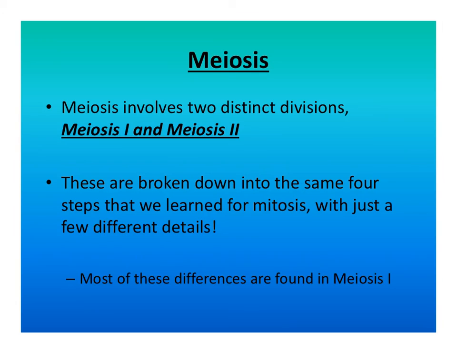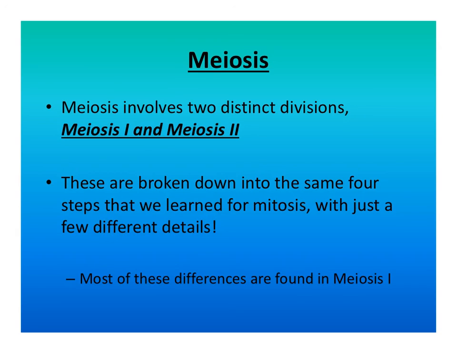Now, meiosis involves two distinct division stages, meiosis 1 and meiosis 2. Now, each of these, meiosis 1 and meiosis 2, is broken into the same 4 steps that we learned in mitosis. There are just a couple of slight tweaks to the details.